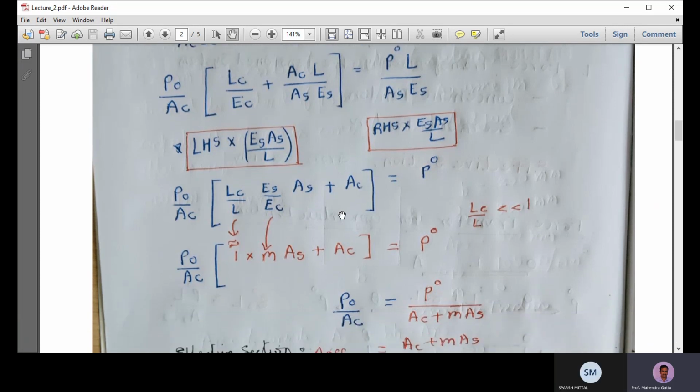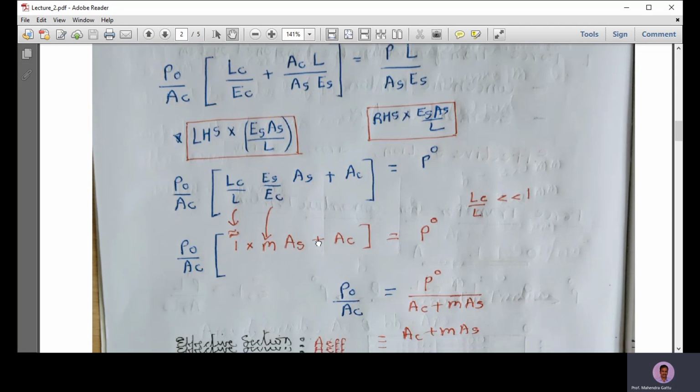So we can simplify this expression further. We'll assume that the ratio of the initial length of the concrete to the initial length of the bar is approximately 1. So this is one approximation we take, and ES by EC we can replace with the modular ratio, the ratio of the modulus of elasticity of steel to the modulus of concrete, which we will denote by M. So that will be the modular ratio.